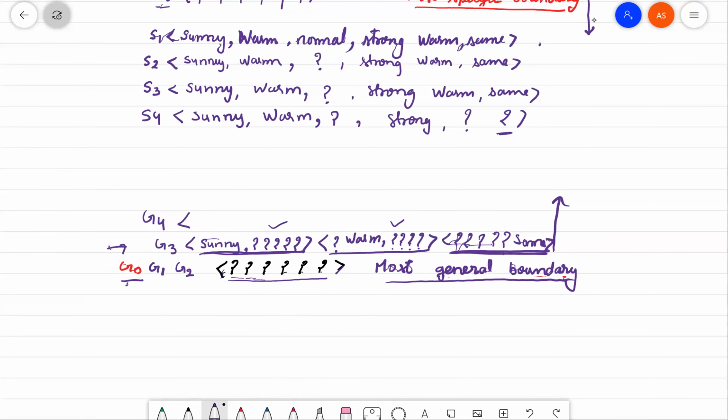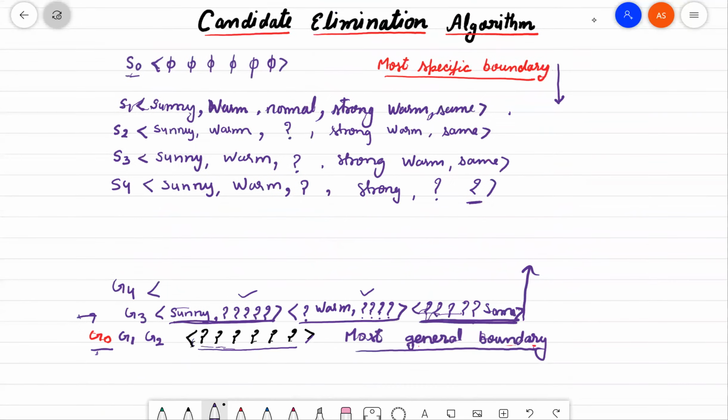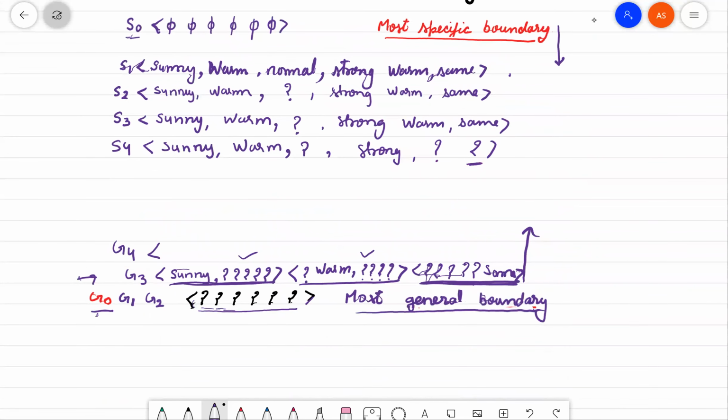So here in our table this is change, but in this G3, this last one is same, so it is not consistent with S4, the last training example. So we will eliminate this from here. And now we are getting the set.